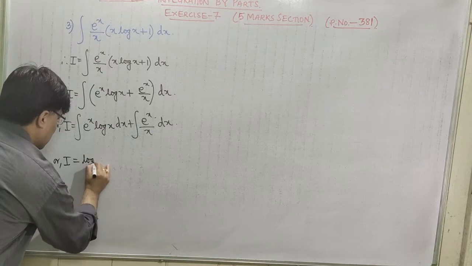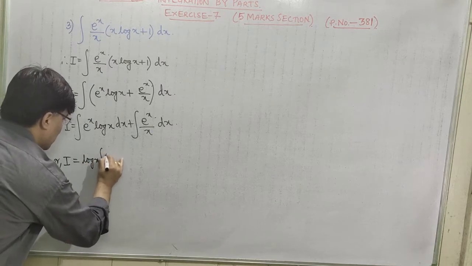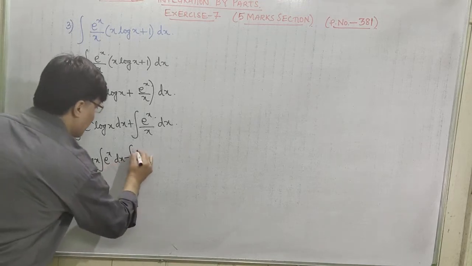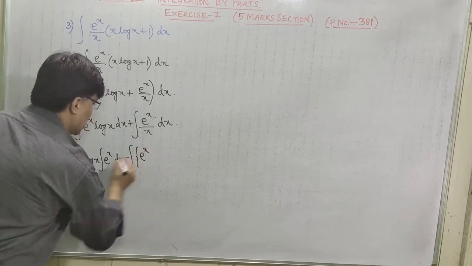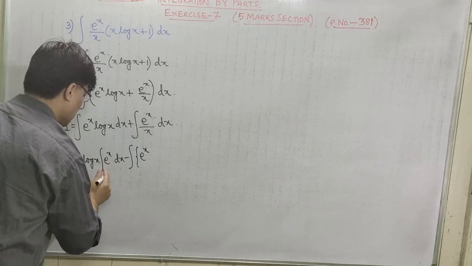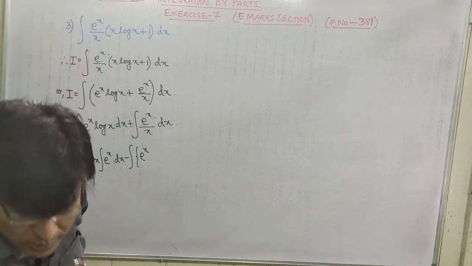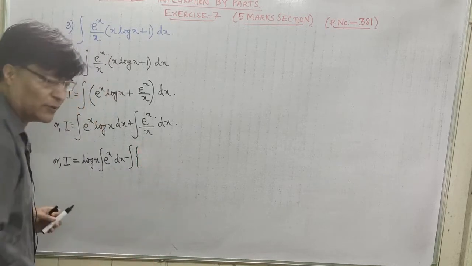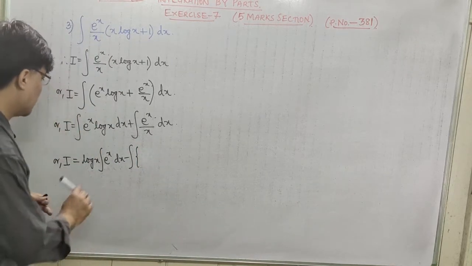So log x is taken outside, integration of e to the power x dx minus integration of, oh sorry, that is log x is the first function. Here you have to take the differentiation of the first function, that is log x with respect to x.